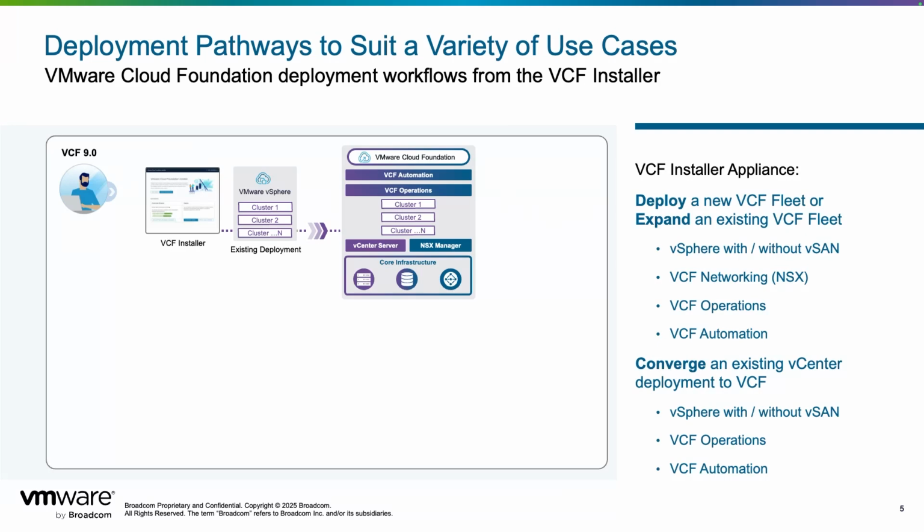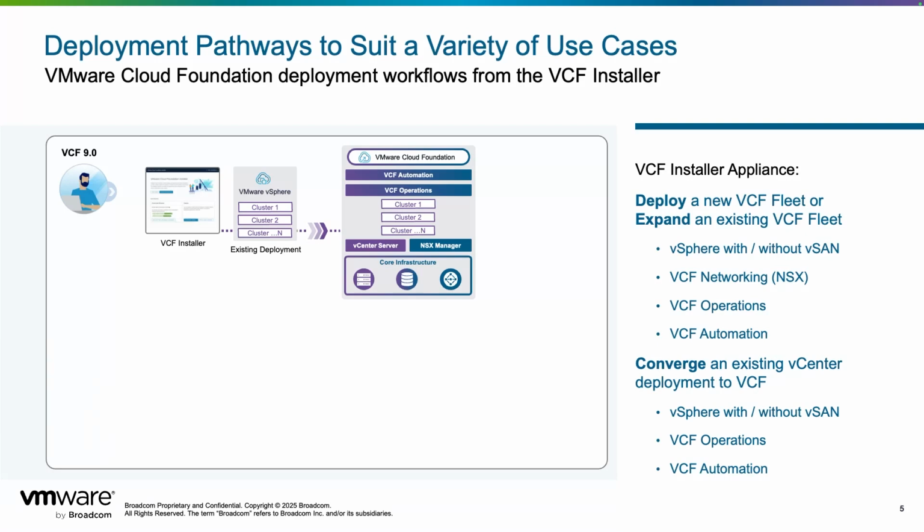When performing a conversion, the VCF installer is to be deployed into the same cluster as the residing vCenter server appliance. We support existing vCenter clusters configured for vSAN or existing clusters configured with external storage. Once converged, the environment then becomes a fully functioning new VCF instance, which is then managed, scaled, and lifecycle managed as VCF.